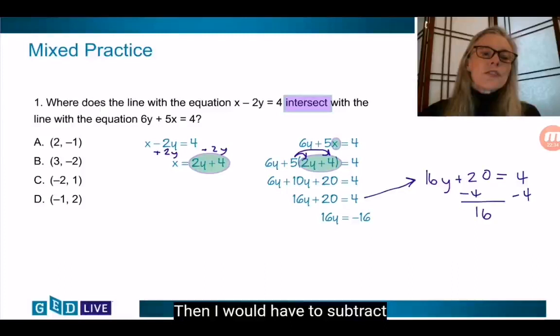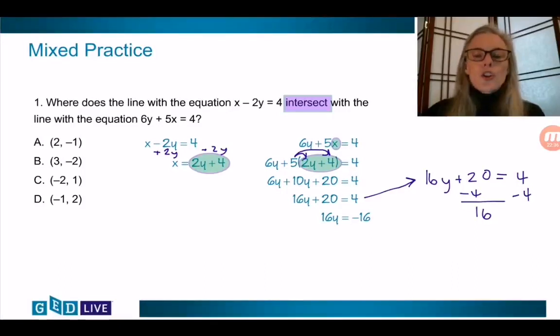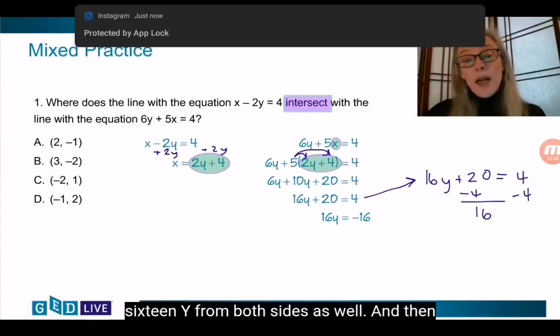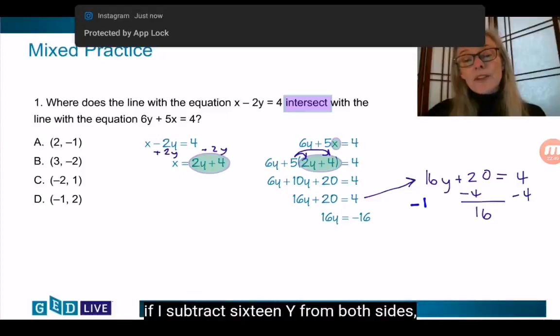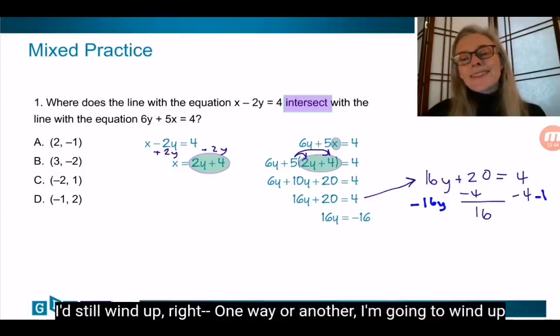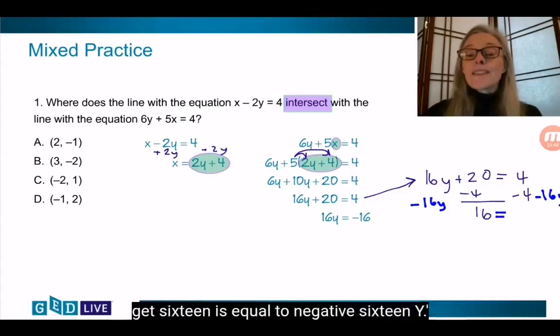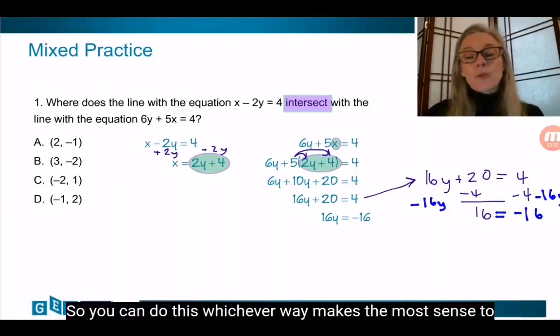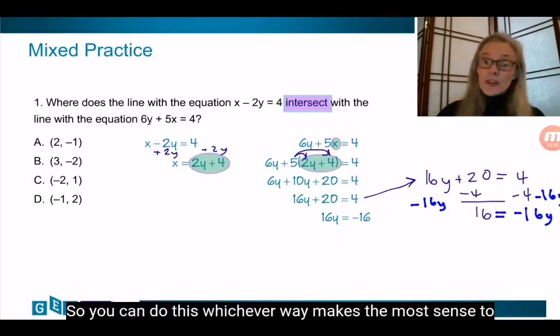But then I would have to subtract 16y from both sides as well. One way or another, I'm going to wind up with something that's negative here, but I would get 16 is equal to negative 16y. So you can do this whichever way makes the most sense to you.